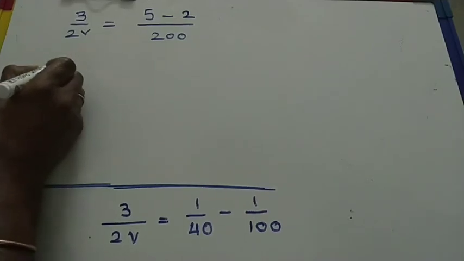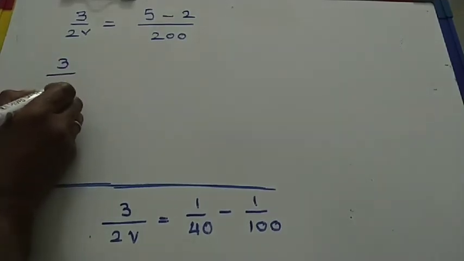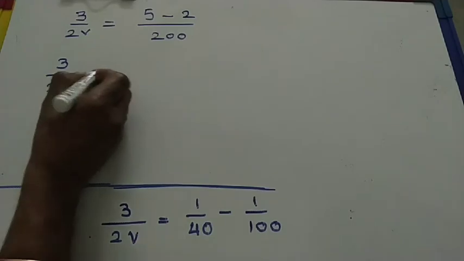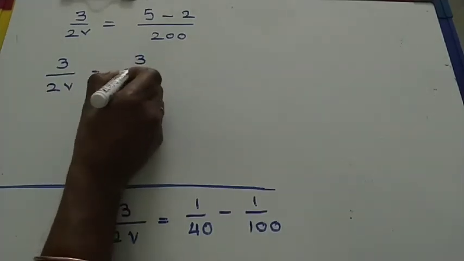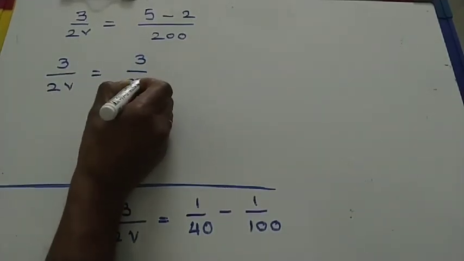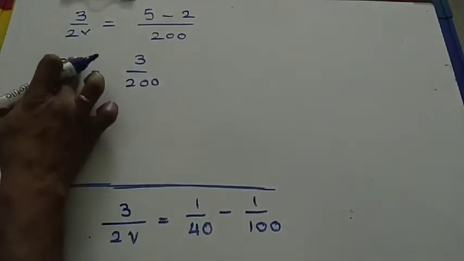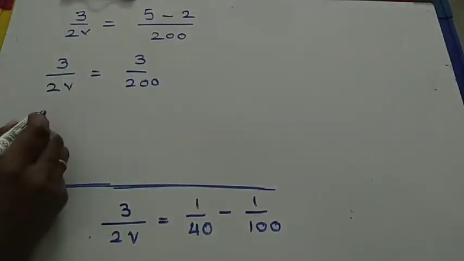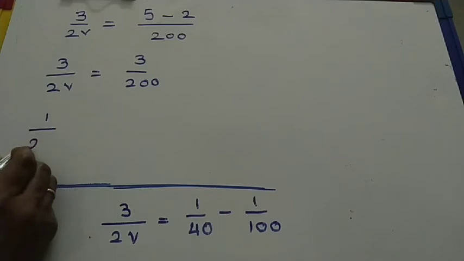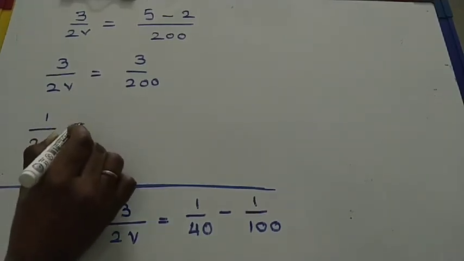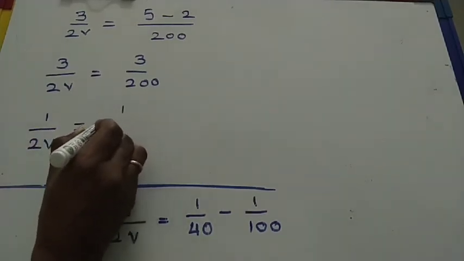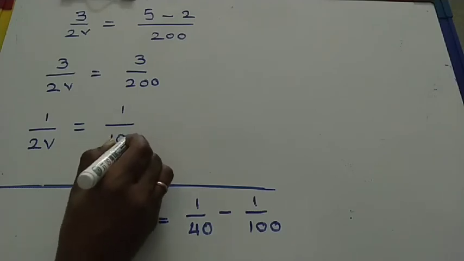That means 3 by 2V is equal to how much? 3 by 200. 3 is going to be cancelled. That means 1 by 2V is equal to 1 by 100.